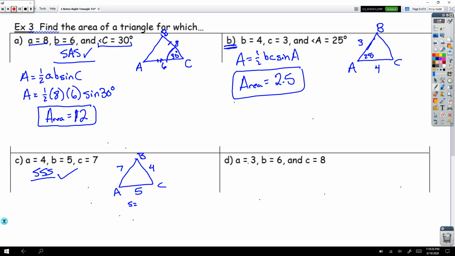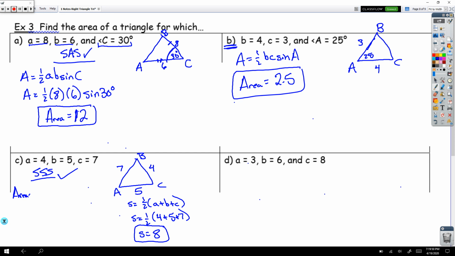So if you look back, S has the formula 1/2 times A plus B plus C. 1/2 times 4 plus 5 plus 7. So S would equal 8. Okay.